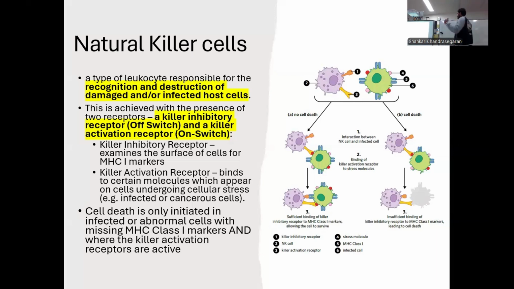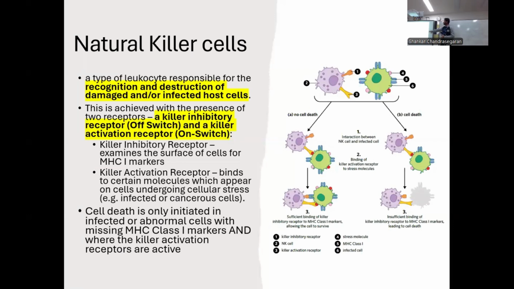So it's basically looking for the signs that it could be infected or cancerous, which is the whole cellular stress thing. So two things, right? Killer activation, killer inhibitor. The killer inhibitor wants to find a reason to inhibit the killer. The killer activation wants to find a reason to activate the natural killer, right? That's why they're doing very different things.